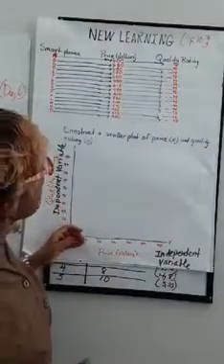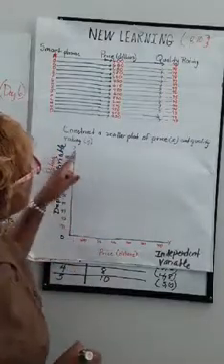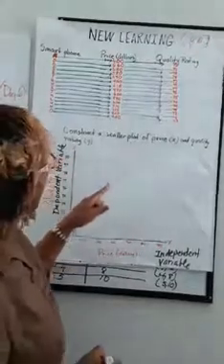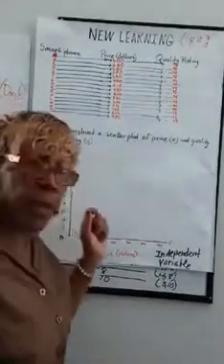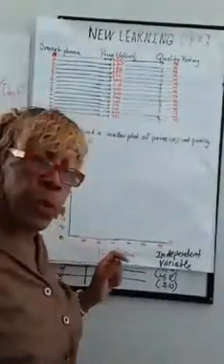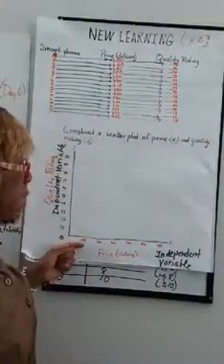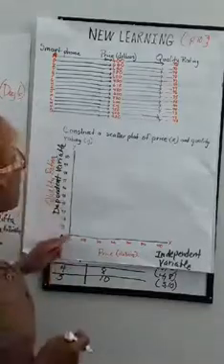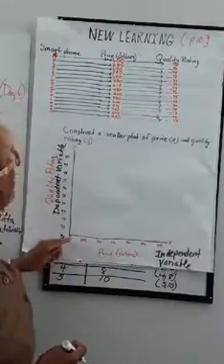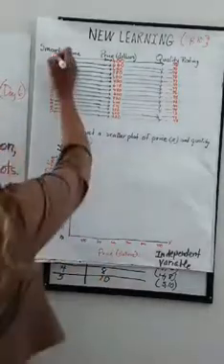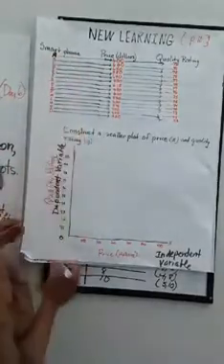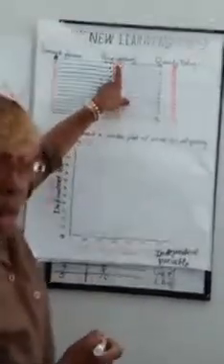So let's plot this then. It says construct a scatter plot of price X and quality rating Y. If I were to construct this scatter plot, first thing I would do, I would look and see what numbers I have here. For smartphone A, the price of it is $600.